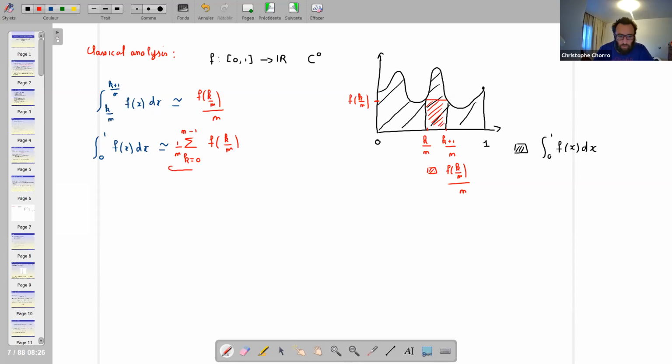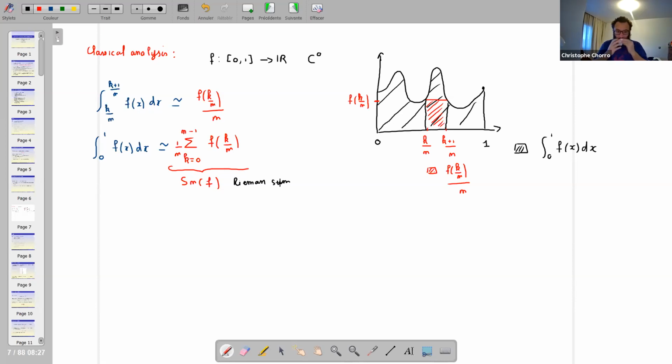I will give a name to this one, denoted by S_n of f. And S_n of f is what we call the Riemann sum, as you know. So this is a Riemann sum.